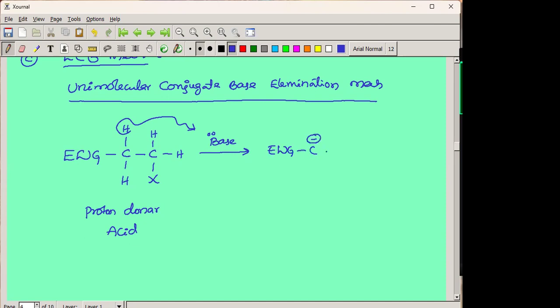So now this is the electron withdrawing group that will be connected here. This is a minus charge for H, X and H. So here it is H. Here this is the slowest step, the rate determining step. In this case, this is a carbanion.